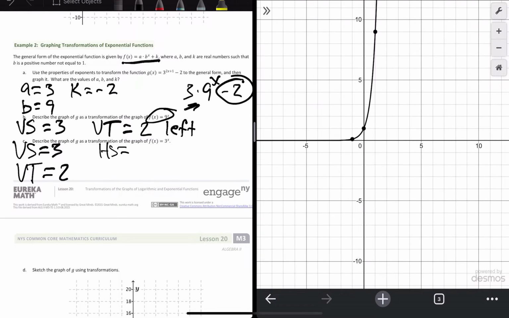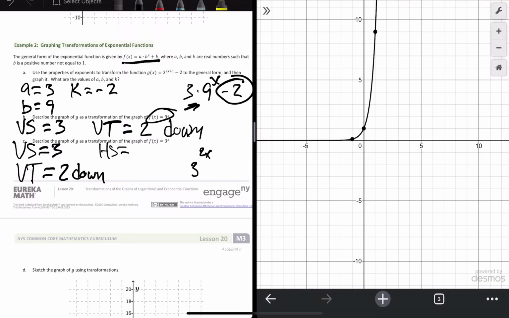Oh, so I wrote that wrong on the last one. This should be 2 down, and here, that one should have been 2 down as well, because it's a vertical, not a horizontal. Sorry about that. But now we're also going to have a horizontal scaling. Why do we have a horizontal scaling factor? Well, because now we're going to have 2x, right?